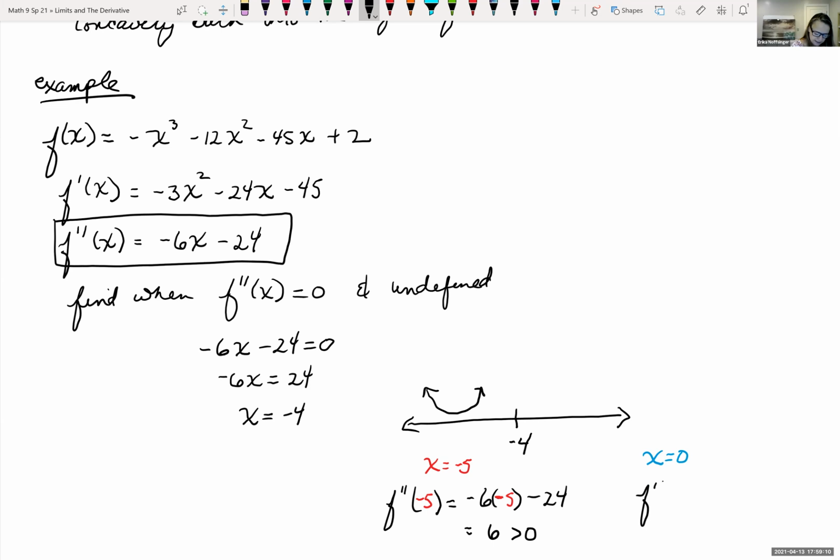If we plug it into the second derivative, we get negative 6 times 0 minus 24, which is negative 24, which is a negative number. So that tells me it's concave downwards.